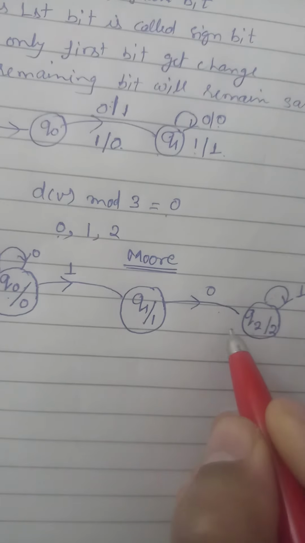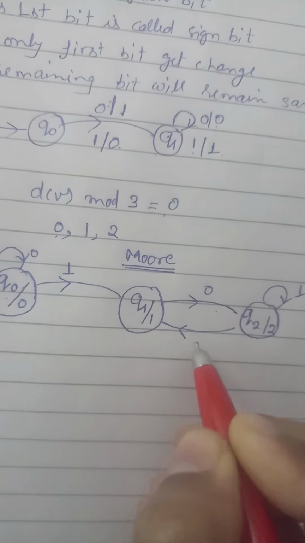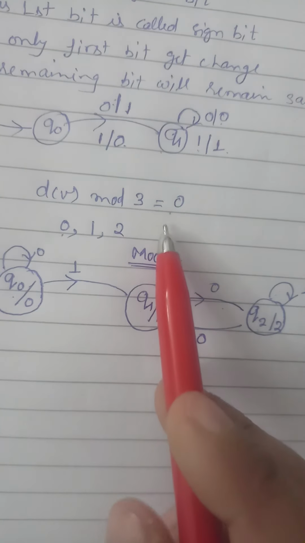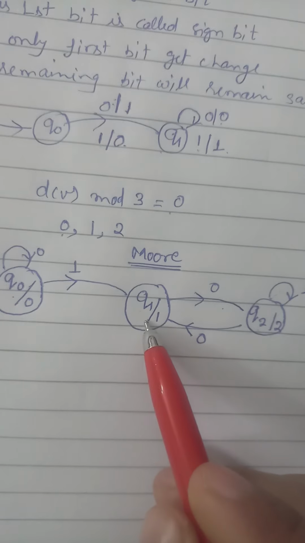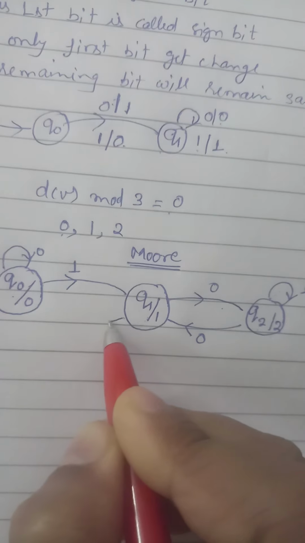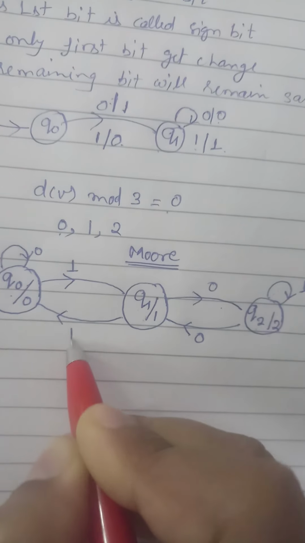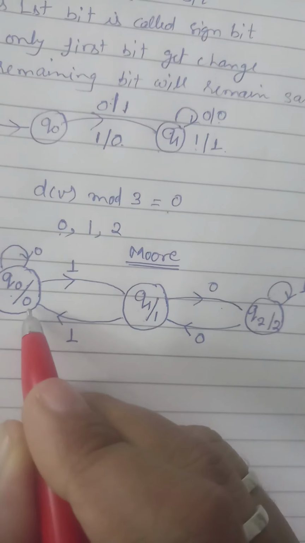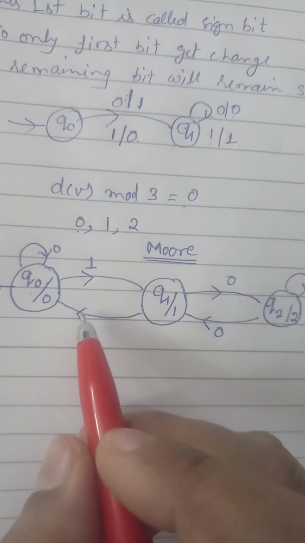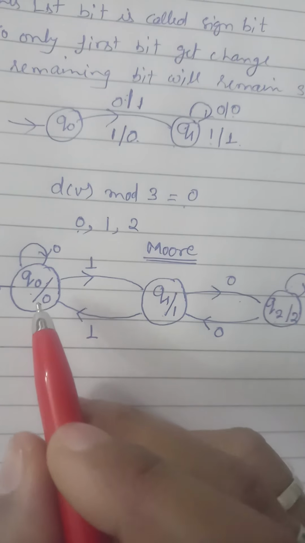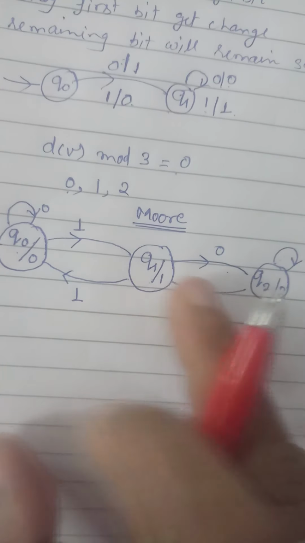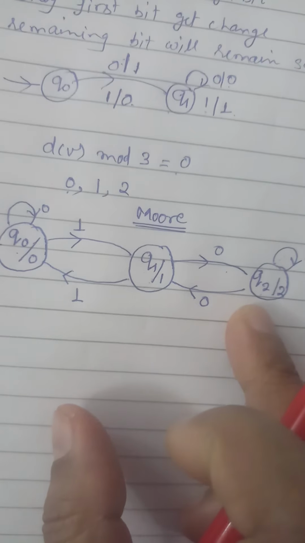0100 means 4. Because it is not divisible by 3, we are getting 1 remainder, so we are reaching Q1. 11 is completely divisible by 3, so 0 remainder, so we are reaching Q0. If 1 remainder then we are reaching Q1, and if 2 remainder then we are reaching Q2.